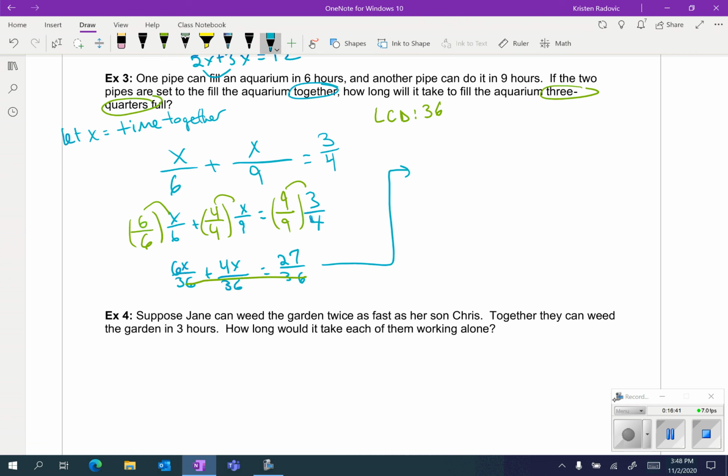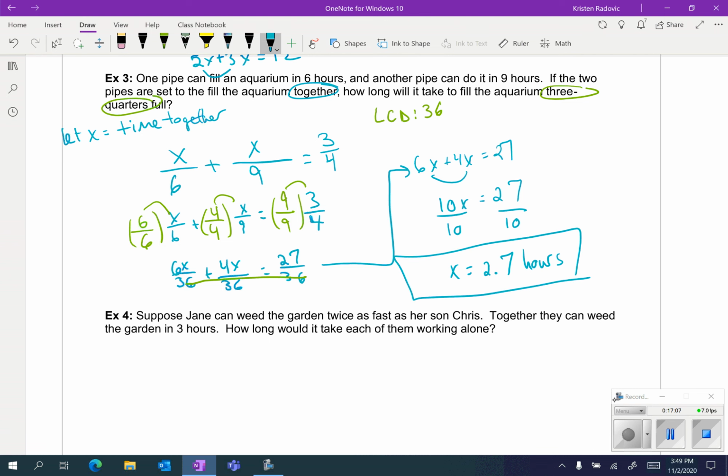And you're going to solve. 6x plus 4x is equal to 27. 6 plus 4 is going to be 10x equals 27. So you should have gotten x is equal to 2.7. What are we talking about? Hours. To fill it 3/4 of the way full.